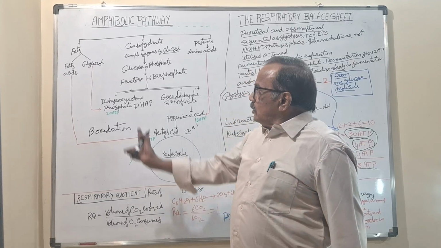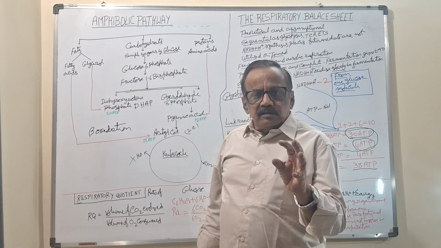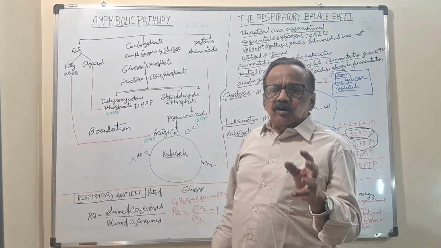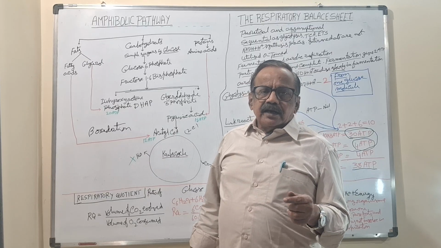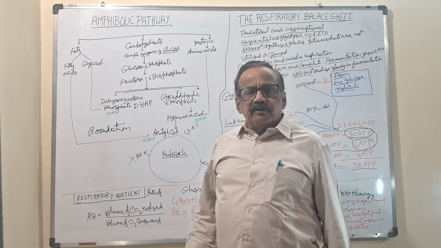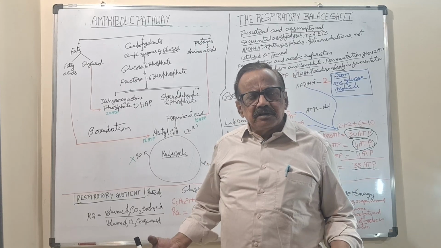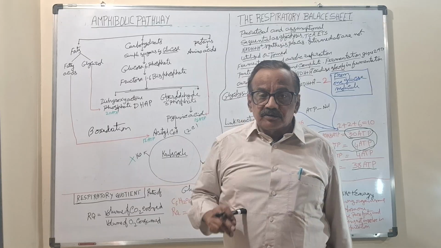If the fatty acid has this many carbons and produces this many acetyl coenzyme A, how many ATPs are produced? Simple. Beta oxidation is not mentioned, because beta oxidation also produces ATP.